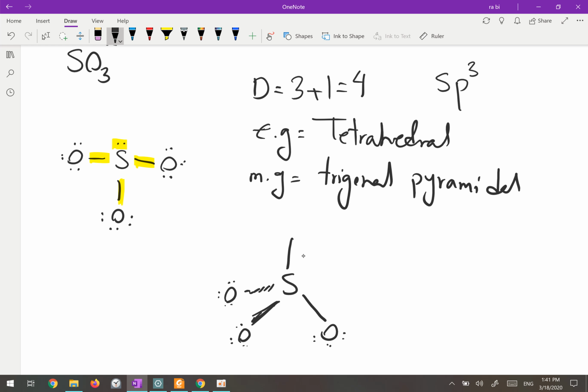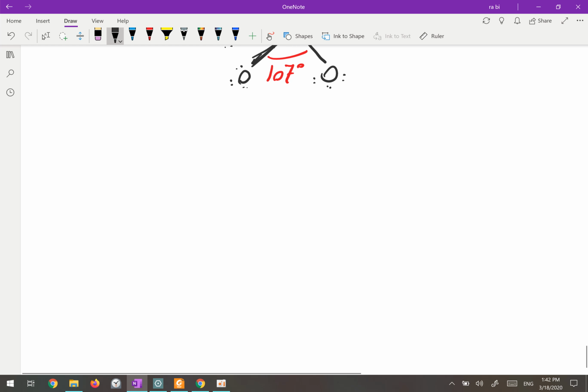The domain that you have here at the top is actually the lone pair. So I delete this one and I put a lone pair here. So you can see the structure becomes pyramidal. And in the pyramidal shape, the angle decreases from 109.5 to around 107 degrees. Okay, the next molecule that we had was BF3. Okay, the Lewis structure was like this.